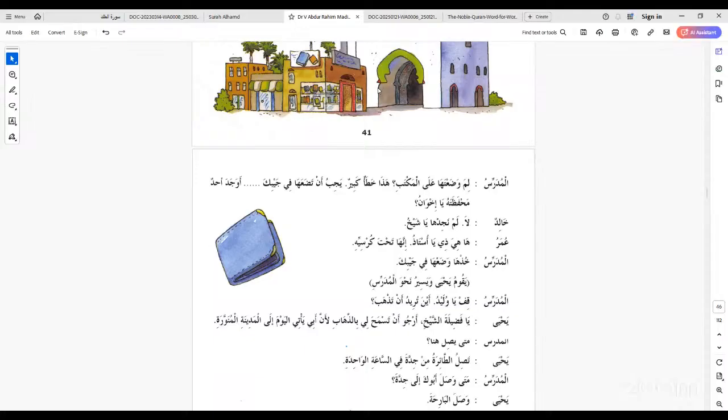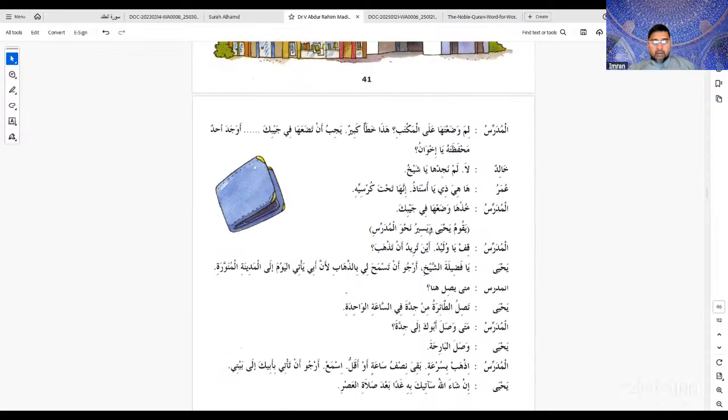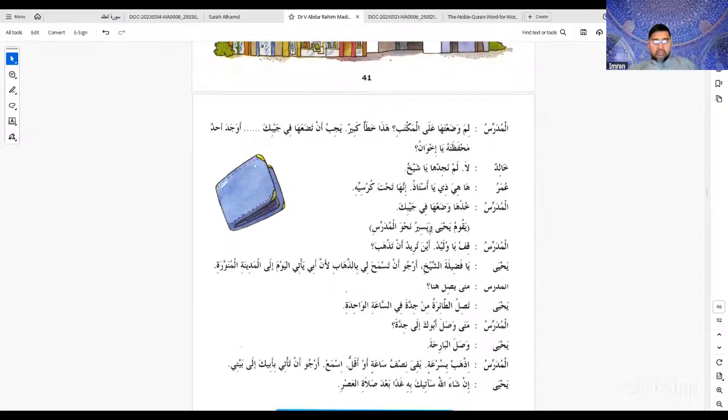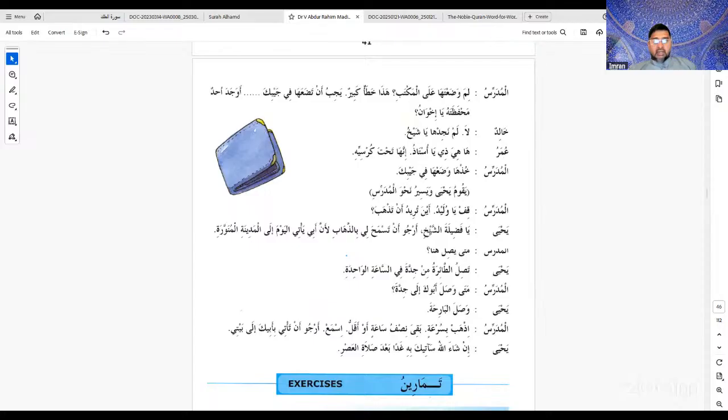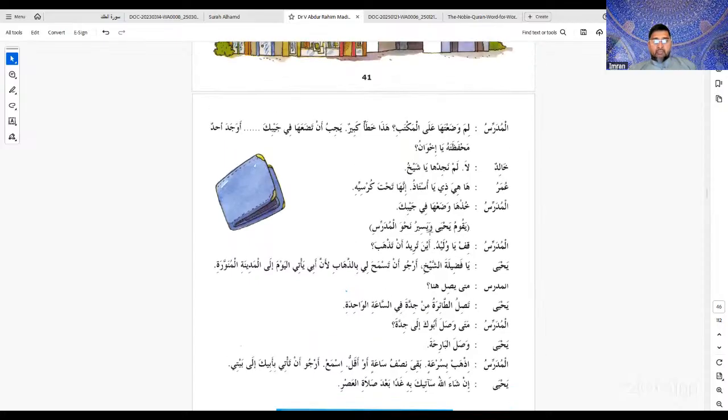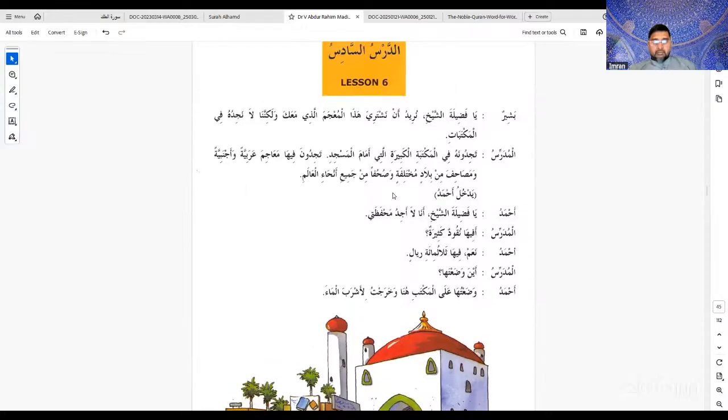Okay, and then the role of Khalid can be taken by Sister, and Yahya by Sister Munira. Go ahead. Bismillah. Bashir, Sister Tahira, go and start.